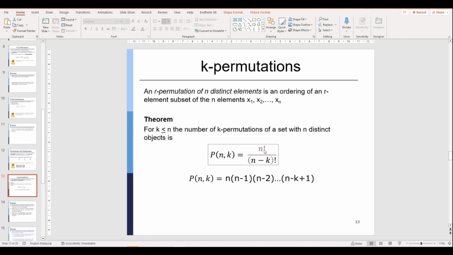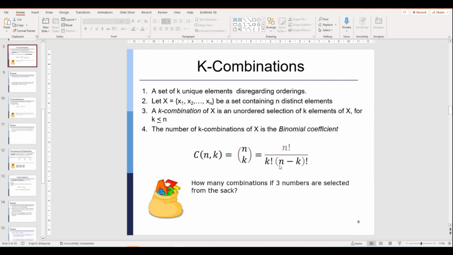But for permutation, you just take n factorial divided by n minus k factorial. You just compare the formulas. Quite similar, right? Except combination further divides by k factorial.